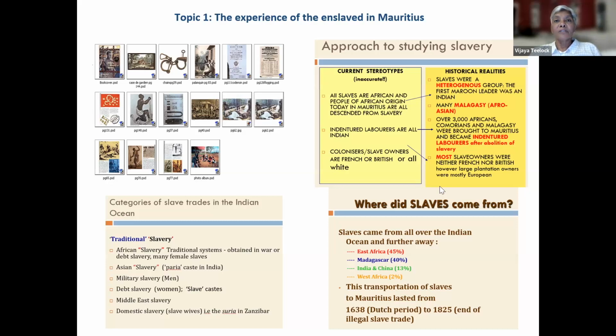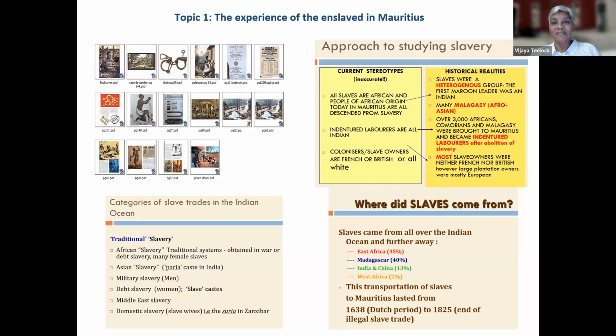So what we try to show from the very beginning is that the slave population was a very culturally heterogeneous community, deriving from all parts of the Indian Ocean and beyond. Quite a few slaves were brought from West Africa. Many were Malagasy, not only from the mainland continent.